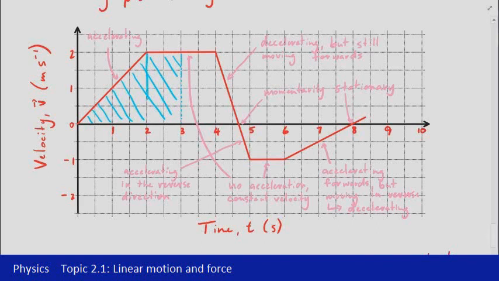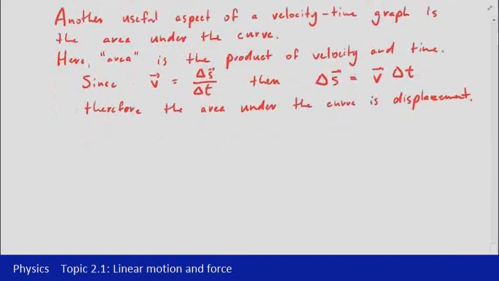We'll actually break this up into two regions. It'll probably be the easiest way to do it. So we've got a rectangle there, and then we've got a triangle here at the beginning. So from 0 to 2 seconds, the velocity increases to 2, and then from 2 to 3 it stays constant at 2. So we can figure out those two areas, add them together to calculate the displacement.